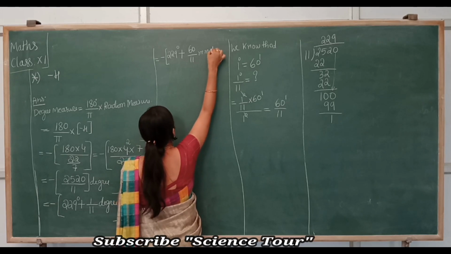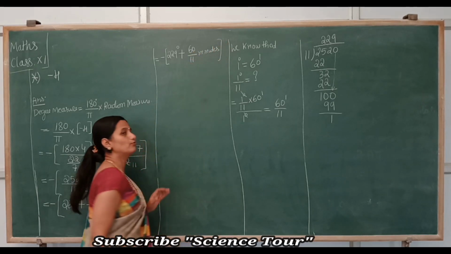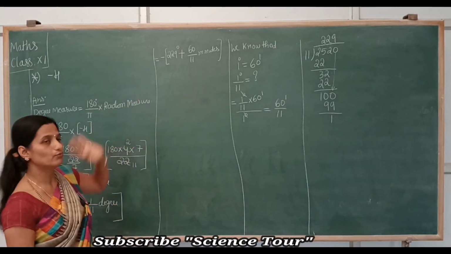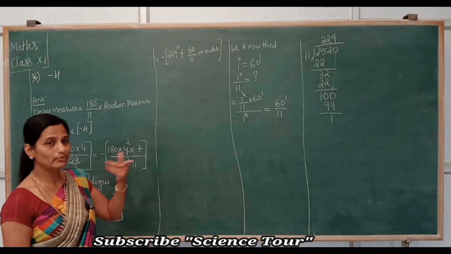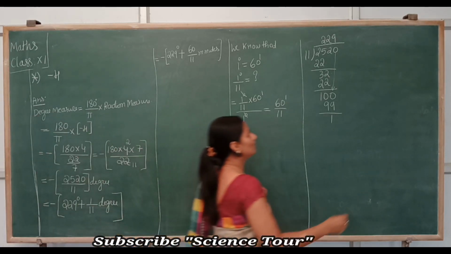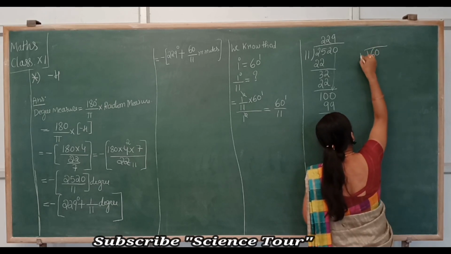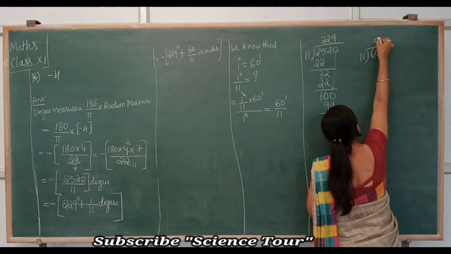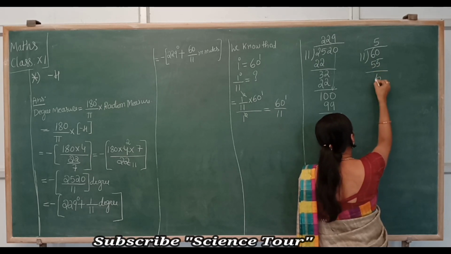Again in minute there is a fraction, so first remove that fraction. How to remove that fraction? Again divide. So 60 divided by 11: 11 5s are 55 and remainder is 5.